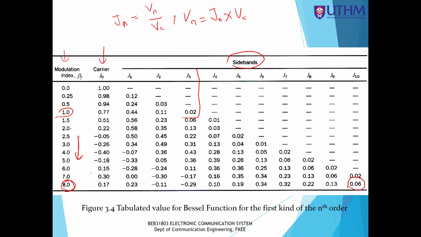Another example, if beta is 2.0, I'm going to have up to 4 pairs of sidebands. So the larger the value of beta, the more sidebands there are. That means if there are more sidebands, the bandwidth will be wider. We're going to see about this after this.